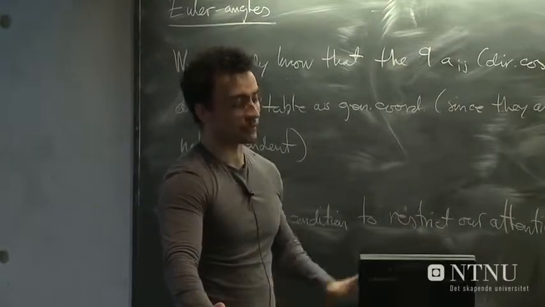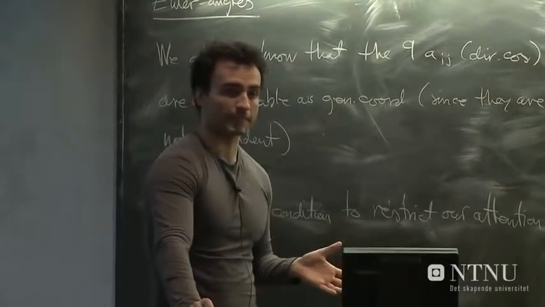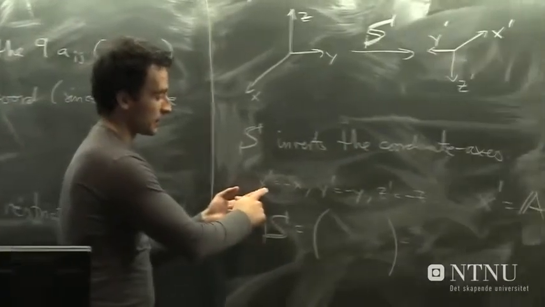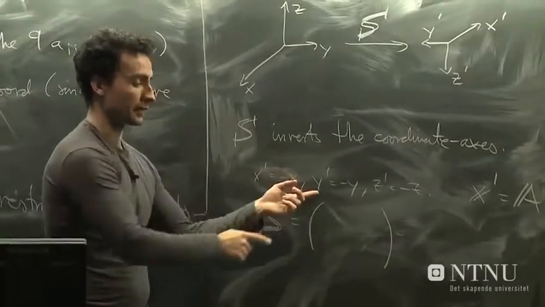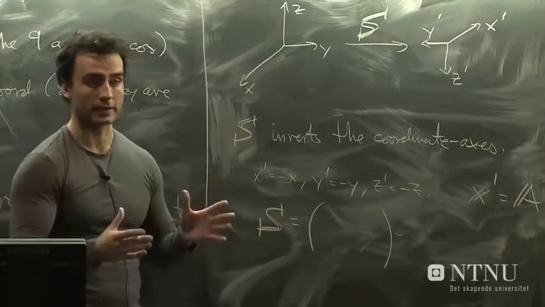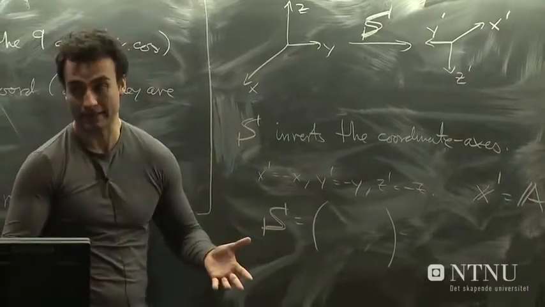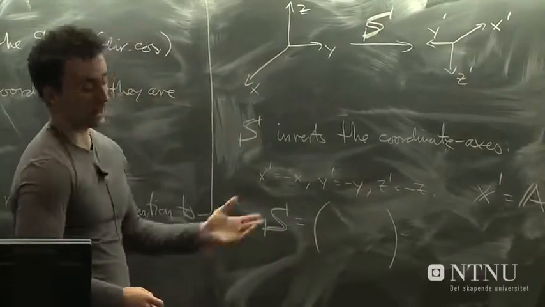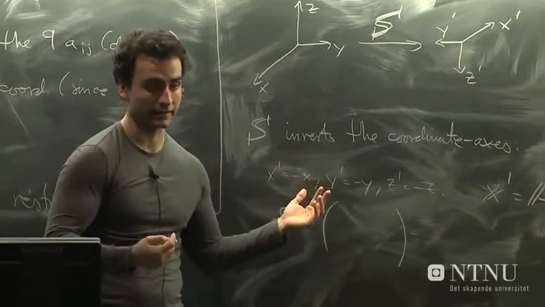Well, we can start by asking, does it have any non-diagonal entries? No, because x prime is only related to x, y prime is only related to y, etc. If x prime was expressed as a linear combination of x and y and z possibly, then we would have non-diagonal entries. So we only have potentially diagonal entries.